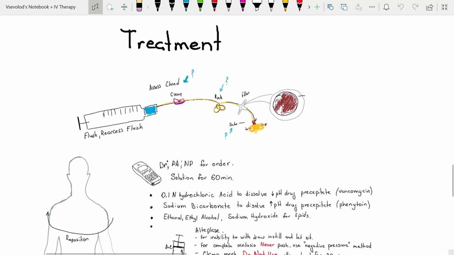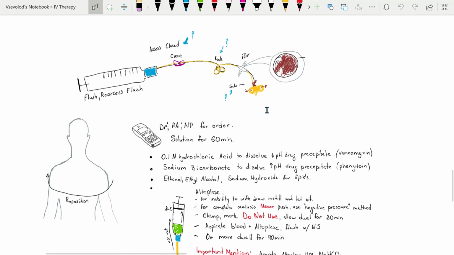or treat? So we'll rule out any mechanical causes of the occlusion, such as earlier mentioned closed clamps, kinks, obstructed filters. If unable to flush the catheter, then disconnect and access it again and try flushing it again. You can also instruct the patient to change position.